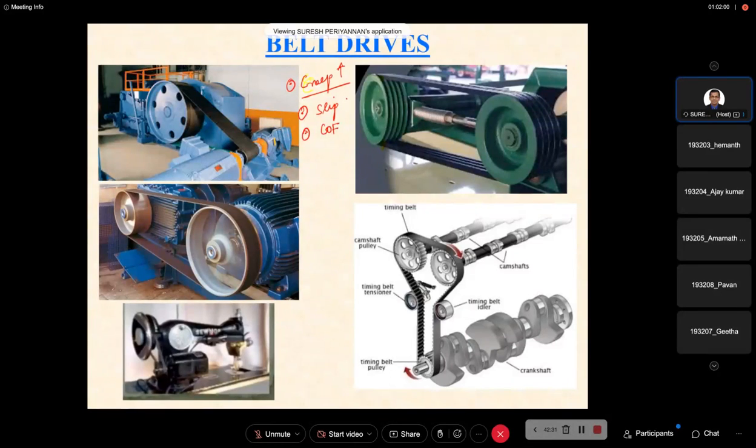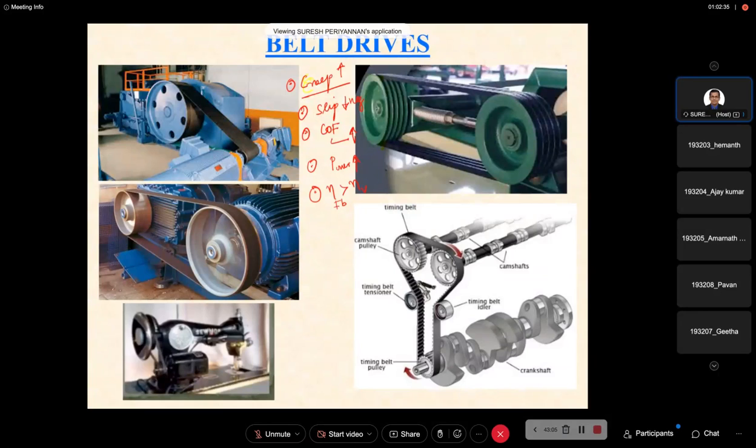Slip is negligible. The frictional force is high compared to the flat belt, so more power transmission. But the efficiency of the flat belt is greater than the V belt. These are the things.